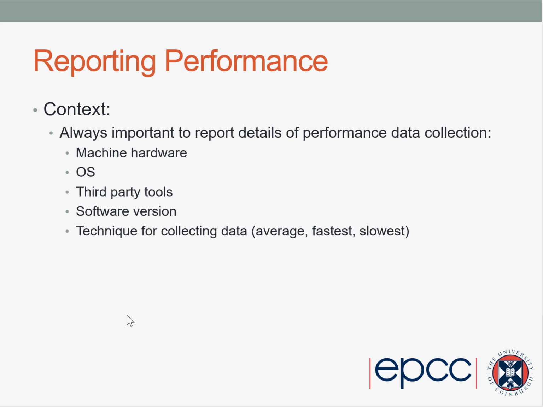And when you display these results, you may want to add some visual representation of the variability, so error bars showing the standard deviation of a result or something like that. So try and bear these in mind when doing performance results and when writing up scientific data.